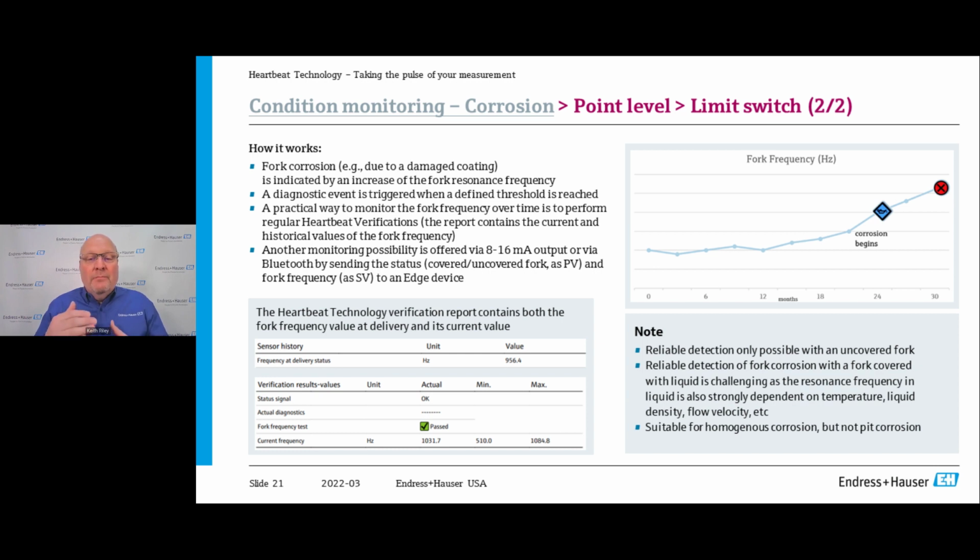You can establish bandwidths within the instrument itself, so that it will alert you through your HART notification that you have crossed that bandwidth. It doesn't mean that it's ready to fail, but if you set that bandwidth up early, you will know that you now need to plan maintenance. So again, this is the predictive maintenance, helping you manage your activities on a daily basis.